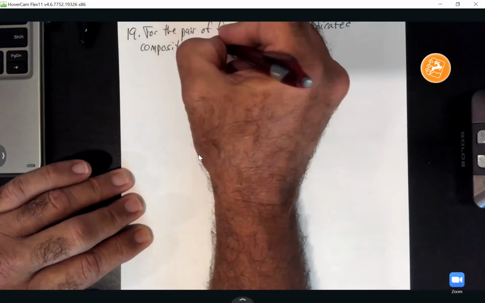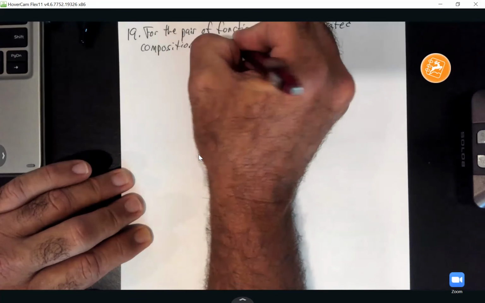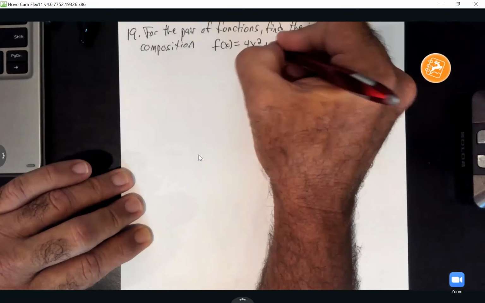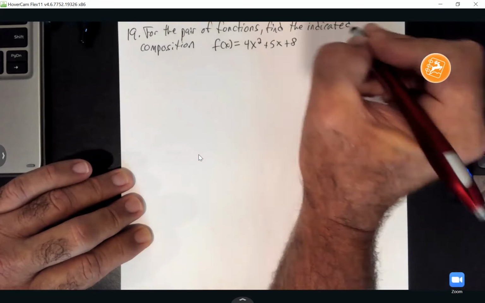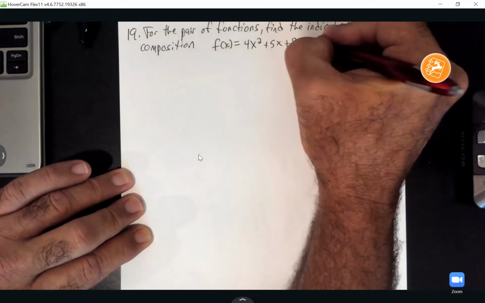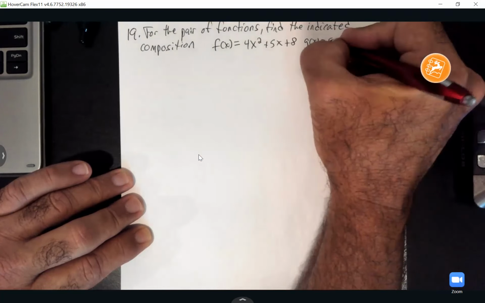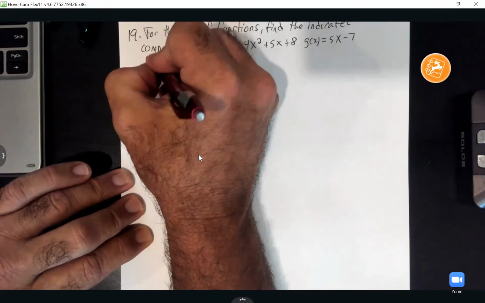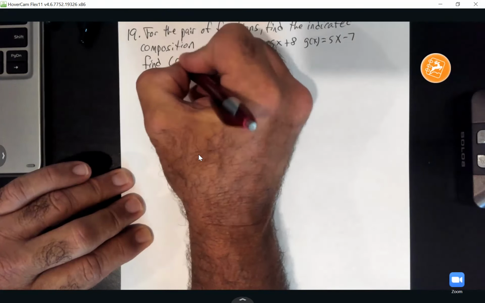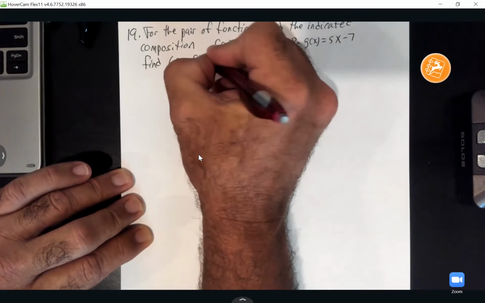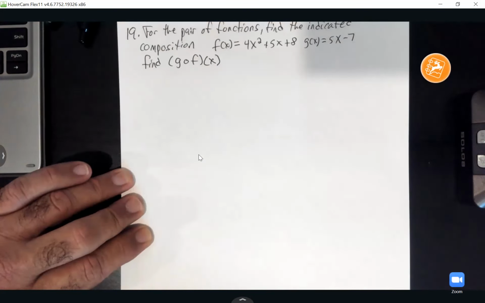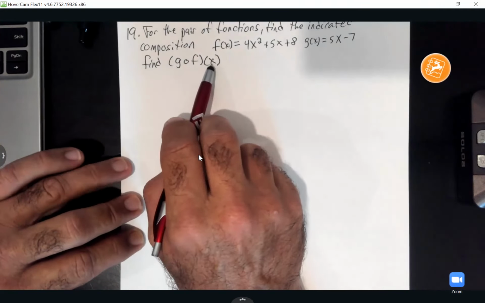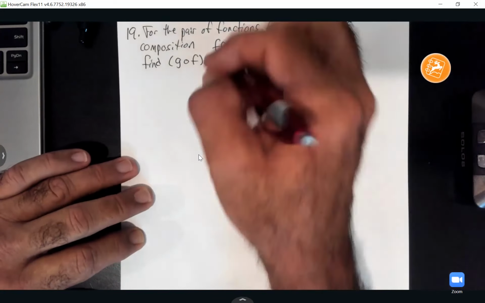So they're giving us f of x equals 4x squared plus 5x plus 8. G of x equals 5x minus 7. They're wanting us to find G compose f of x. So it's just like number 18, except they did not give me a number for my x.